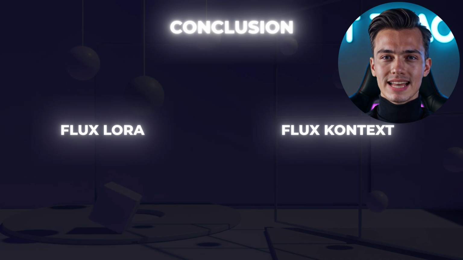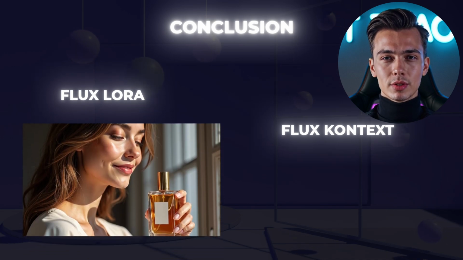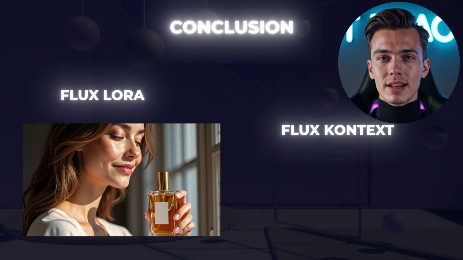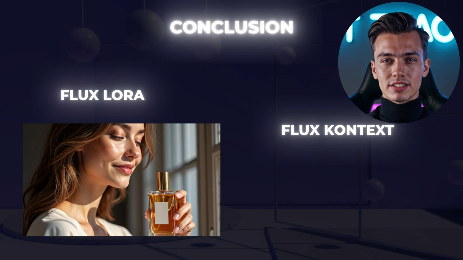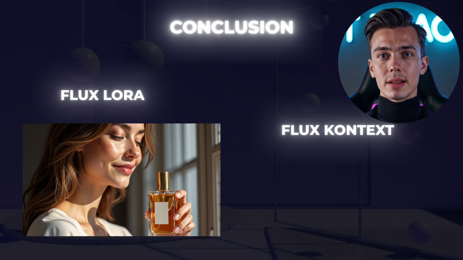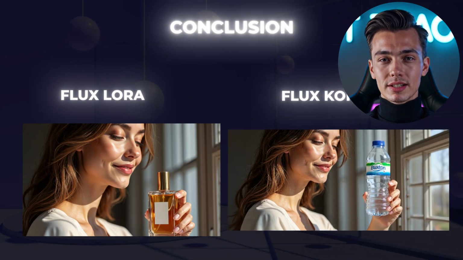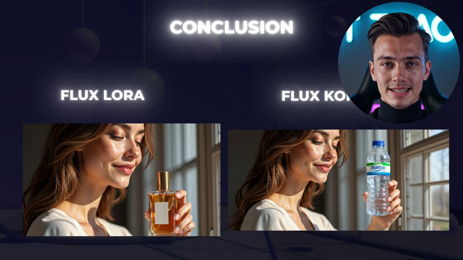For example, you can create a fully consistent image of a character holding a product using Flux LoRa. But in Flux LoRa, you cannot add your own custom product. That problem is solved by Flux Context. Now you can easily insert your own custom product with full consistency using Flux Context.